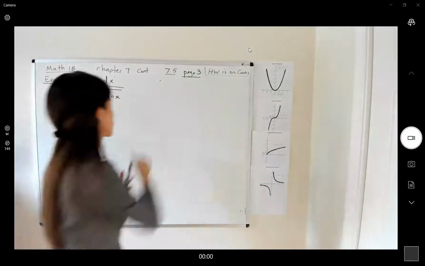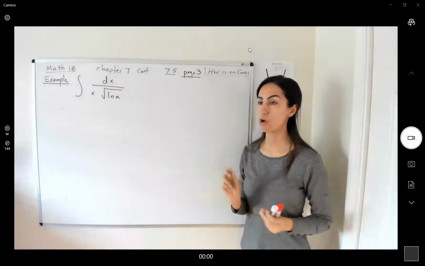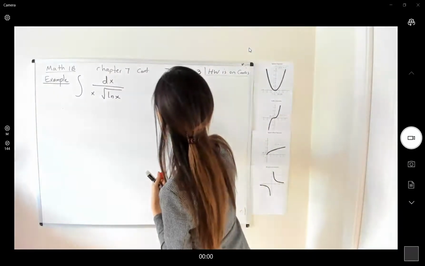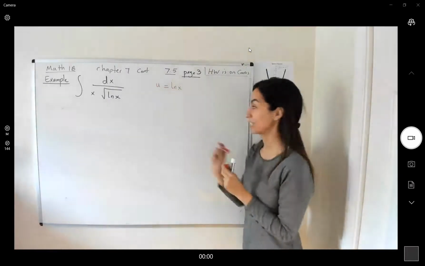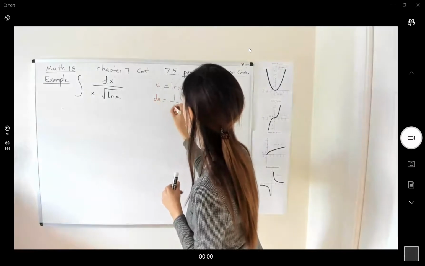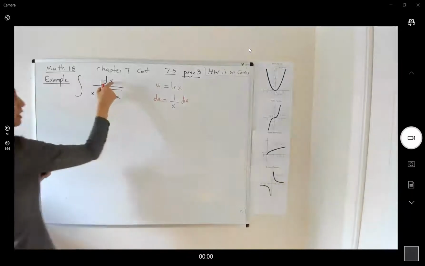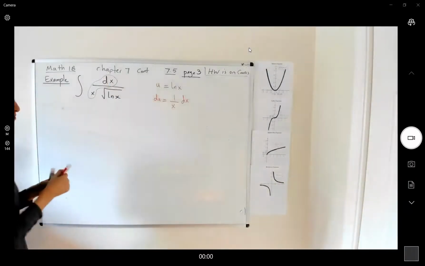Okay, so when you see ln of x, try to use u sub. ln of x, take this as u. Then du is equal to 1 over x times dx. Do I have 1 over x dx? Yes, I have it just right here.